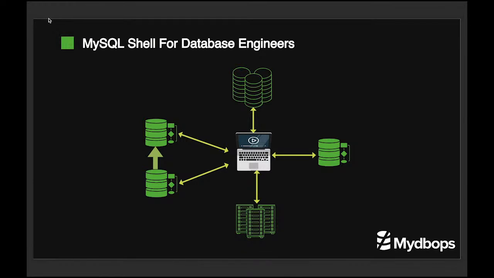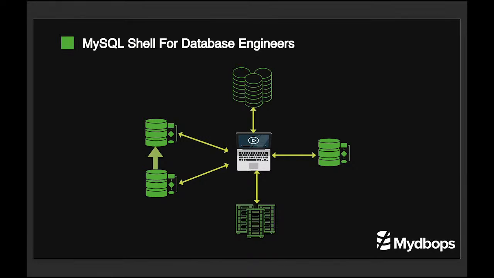MySQL Shell has an internal password store, a secret store, you can say. It encrypts the password and stores it. So you can switch to different instances or different architectures instantly. It can be a cluster, a master, a replica set, or even a standalone, or it can be any cloud.